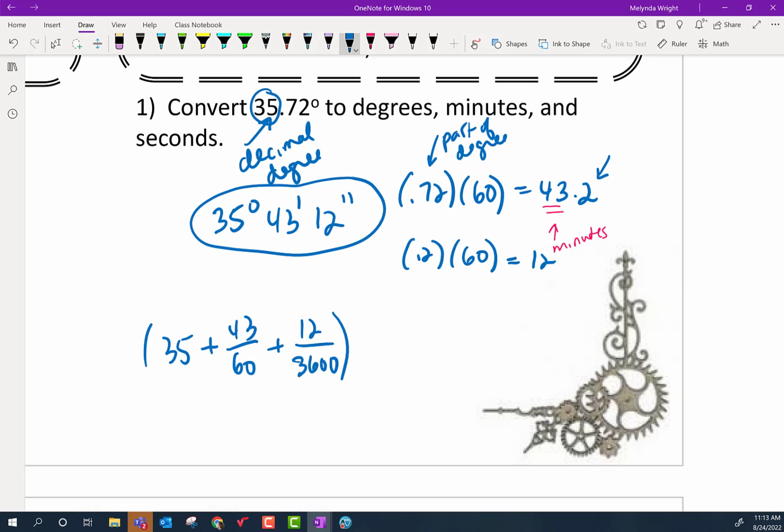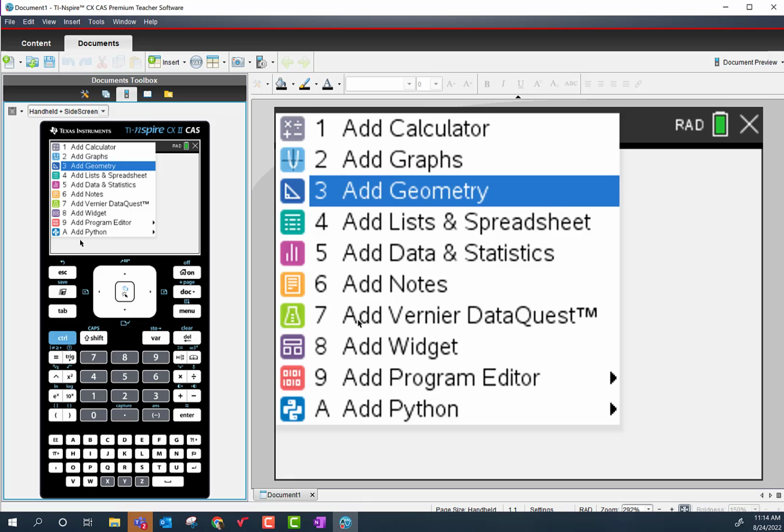If we do that, and just for fun, I'm going to pull my calculator up. Let's add that together, and we should get back to 35.72 if we've done it correctly.